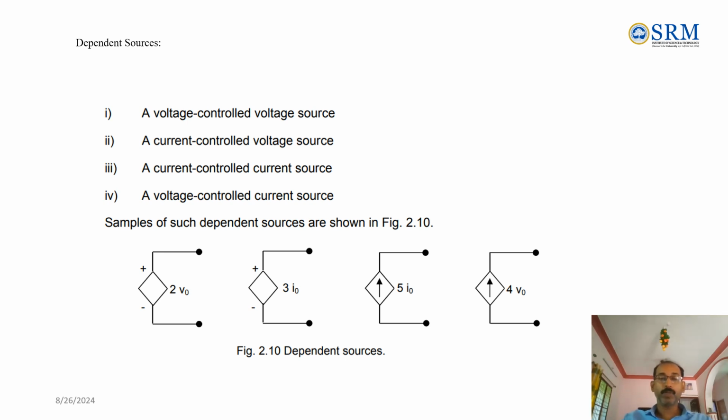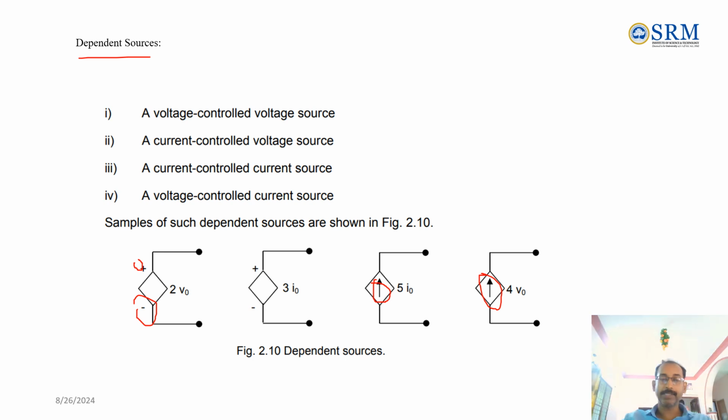Look at this symbol: this diamond symbol represents that it belongs to a dependent source. This plus minus represents that it is a voltage source. This arrow mark represents that it is a current source, right? So this symbol represents a dependent source.